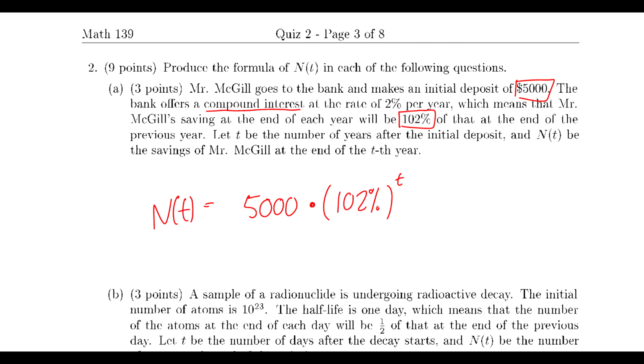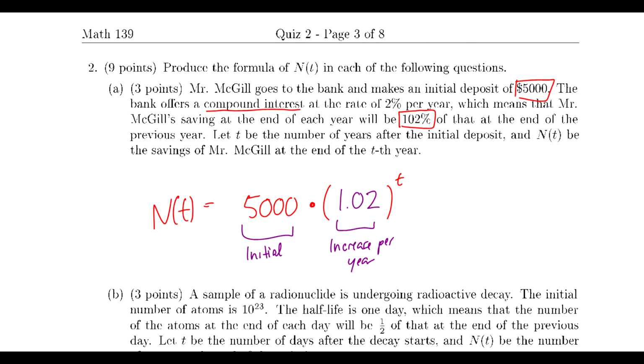So we keep going t times. Now, how do we write 102% in decimal form? Well, this is the same thing as 1.02. So we get 5,000 times 1.02 to the t. This is our initial value, and this is our increase per year.